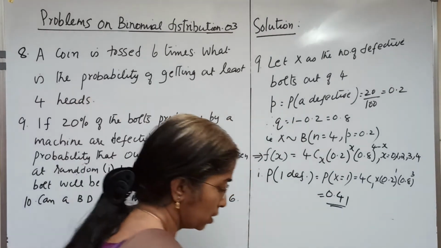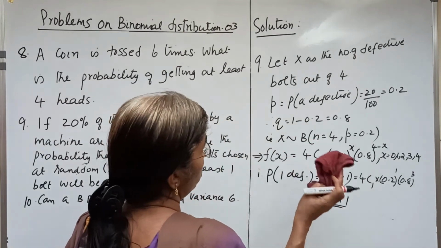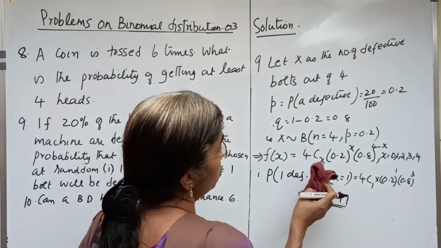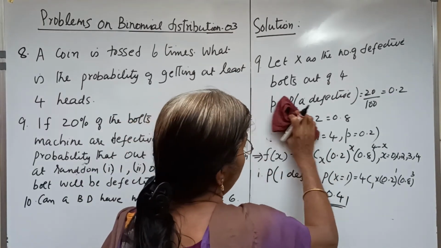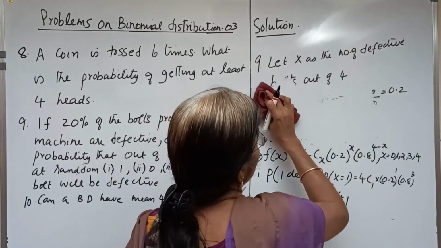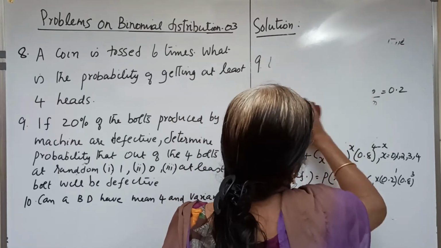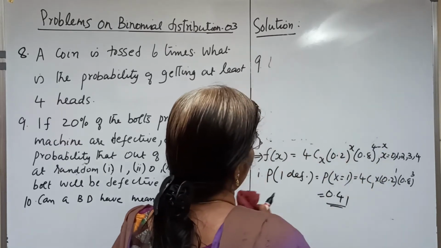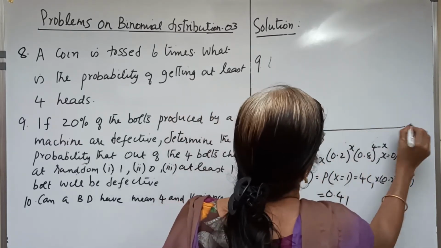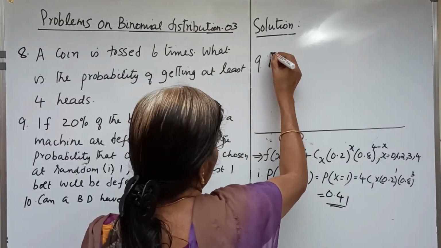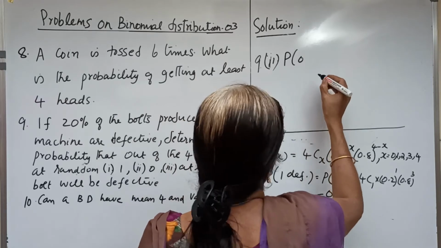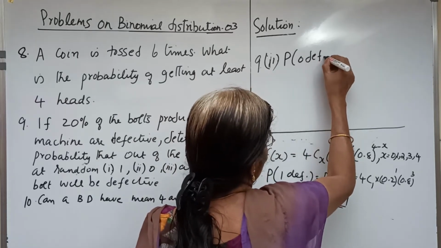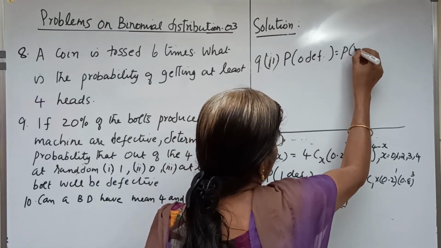And now part 2. Here we have to substitute in this function, so I will keep f of x. Now part 2 is the probability of 0 defective. 0 defective means probability x equal to 0.